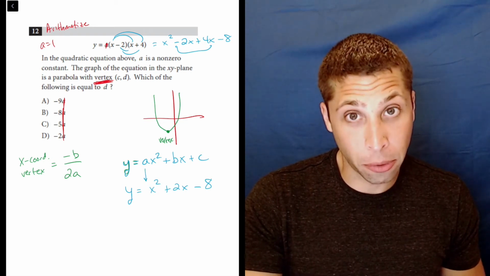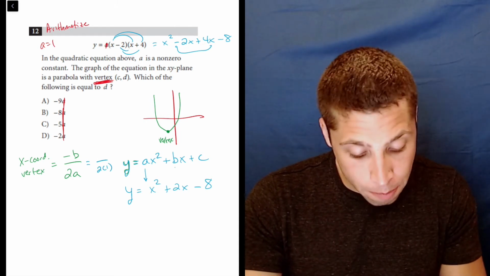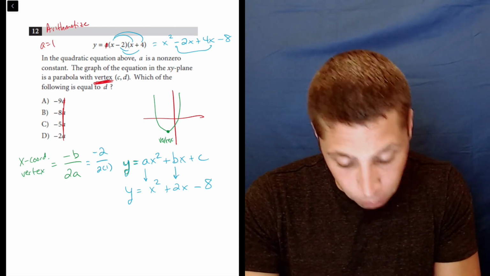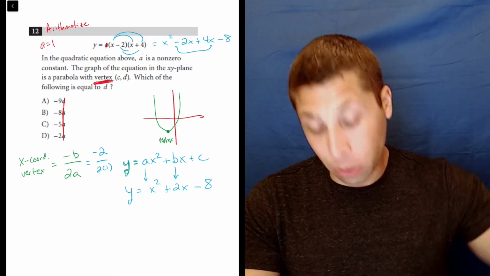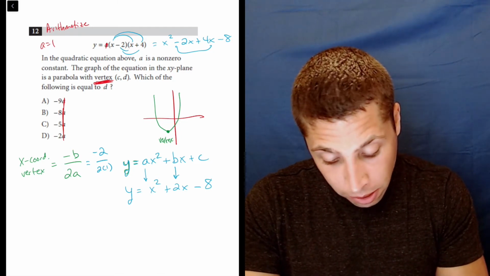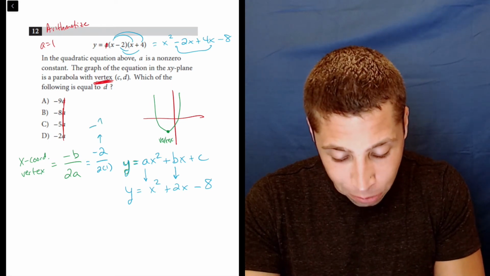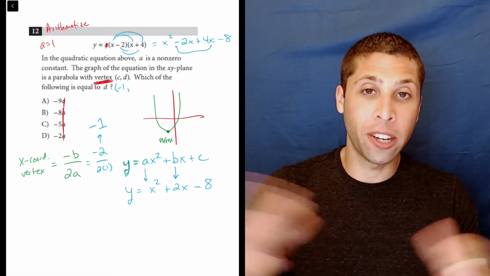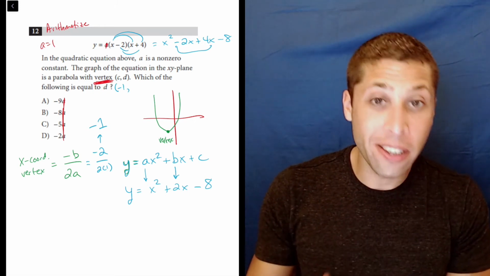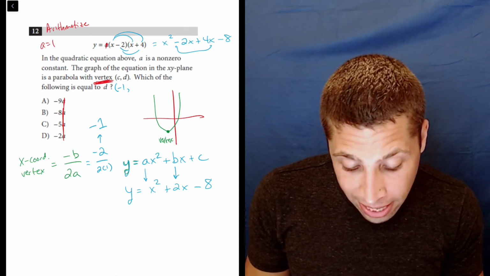Okay, there's no number in front of x squared, so a is 1. 2 times 1. And my b is 2, so -2. And so -2 over 2 is equal to -1. And so that is the x-coordinate of this vertex. So the c is equal to -1. But they didn't want the c, they wanted the d, right?